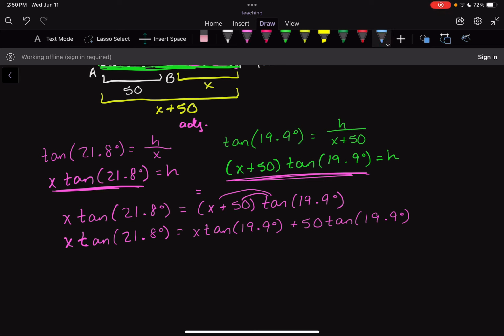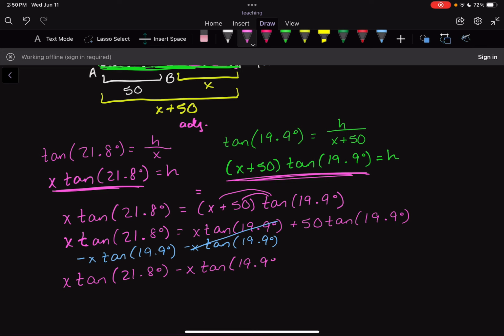Let me show a little bit of work here. I'm going to subtract this from both sides. That way I have the x's both on the left. So I'll have x tangent 21.8 degrees minus x times tangent 19.9 degrees is equal to 50 tangent 19.9 degrees.